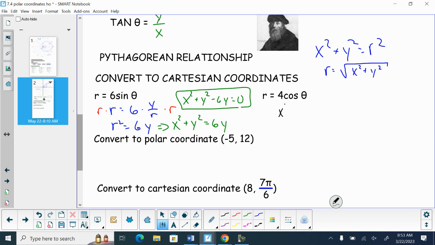X squared plus y squared minus 4x equals 0. That is correct. X squared plus y squared minus 4x equals 0.